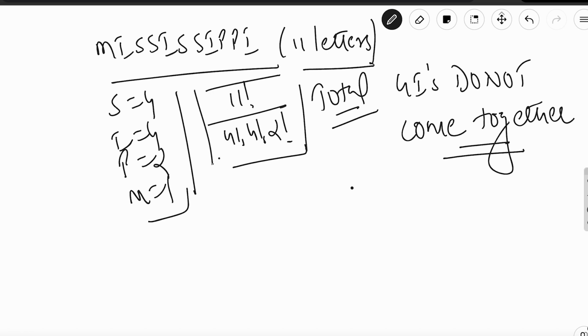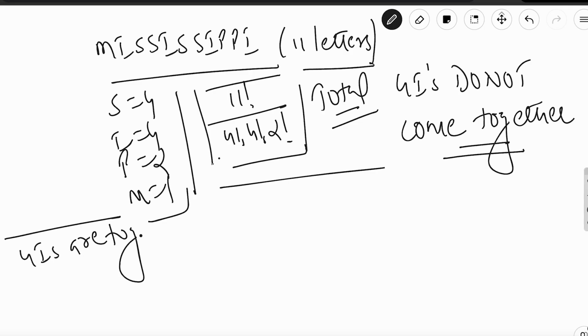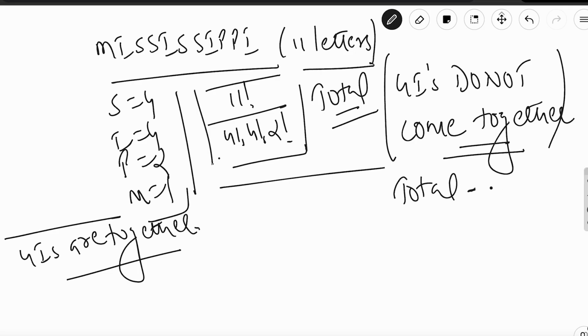Now we can figure out the case where the 4 I's are coming together. This is one common approach to find the cases where things don't happen. Find the total number of ways minus the possible ways of the given condition.